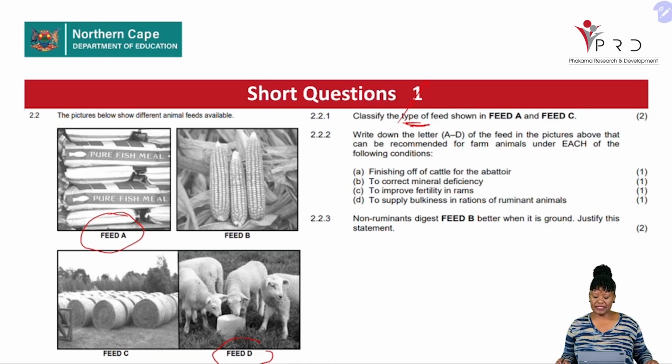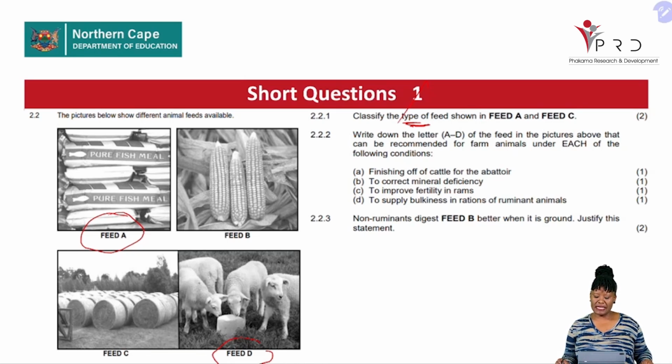Number 2, write down a letter A to D of the feed in the pictures above that can be recommended for farm animals under each of the following conditions. When you want to finish off cattle for the abattoir, finishing off of cattle for the abattoir.